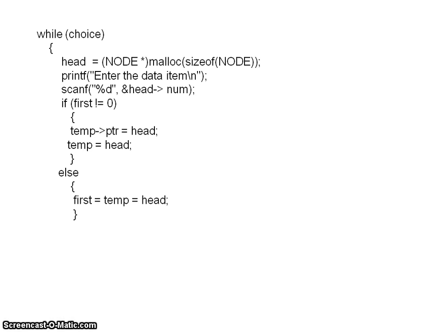If the linked list is empty, that is, the node created by node * malloc(sizeof(node)) is the first node, in that case, the first as well as the temp variable will point to the node created.